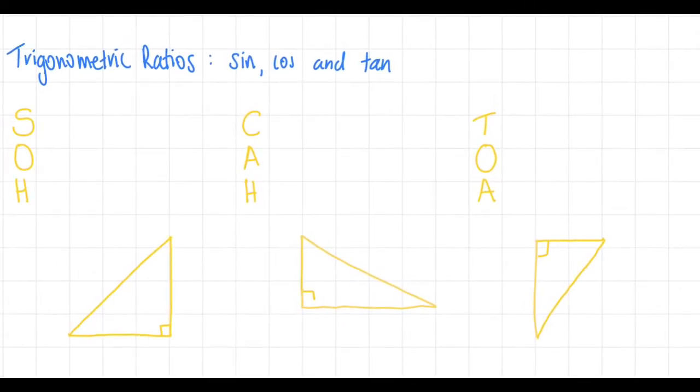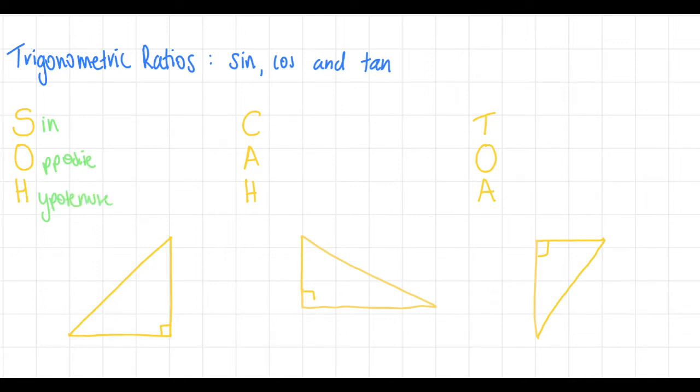So this is a handy little trick that you can use to find which trigonometric ratio to use. If you look at this SOH CAH TOA, it's actually an abbreviation, and it will tell you which trigonometric ratio and which sides. So SOH is for sine, which is opposite over the hypotenuse, which we can see here.